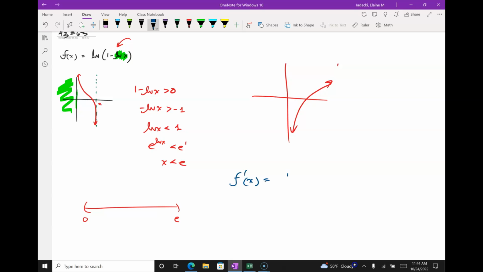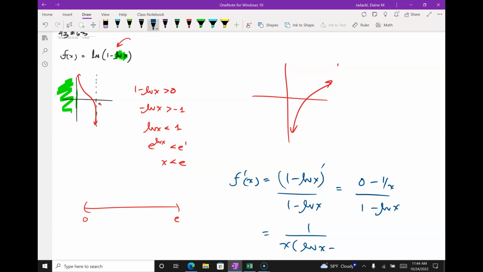So I need the inside prime over the inside. So I get 0 minus 1 over x over the inside, or 1 over x times ln of x minus 1.